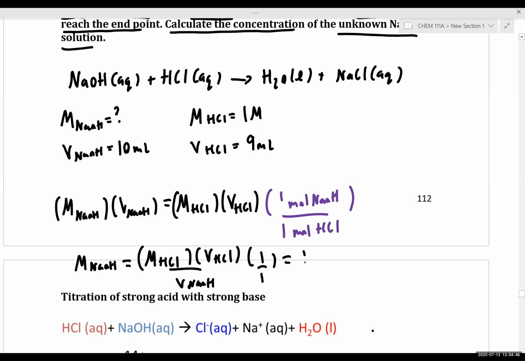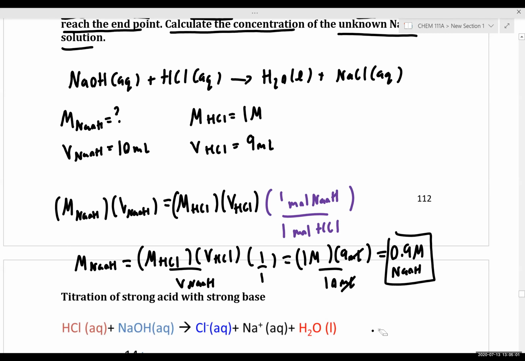So that gives us 1 molar times 9 milliliters over 10 milliliters. The volumes cancel, and we end up with a 0.9 molar sodium hydroxide solution for our unknown solution.